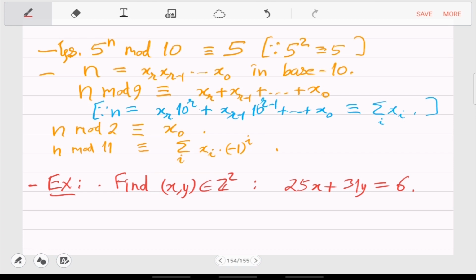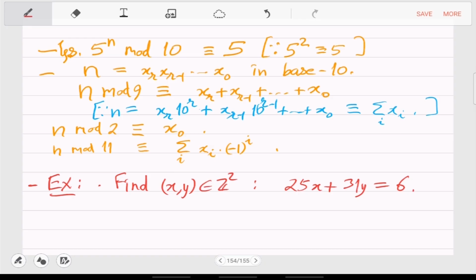So what is the modulus that you should use? There is an obvious modulus to be used. You can see this mod 6, right? So if you see this mod 6, then this will be x plus y equal to 0, right? So then you learn that basically y is minus x, mod 6. So you can do that substitution, and then in another step, you will get the integer solutions for this.